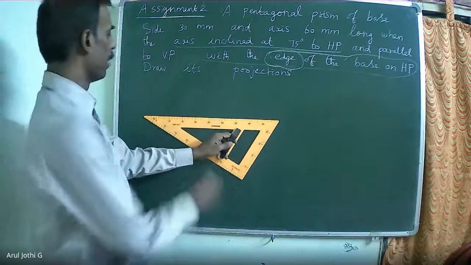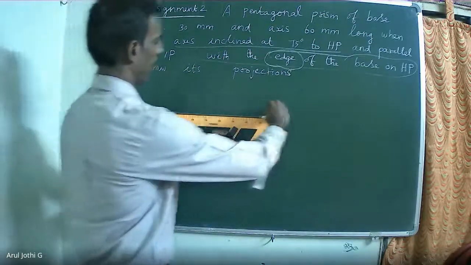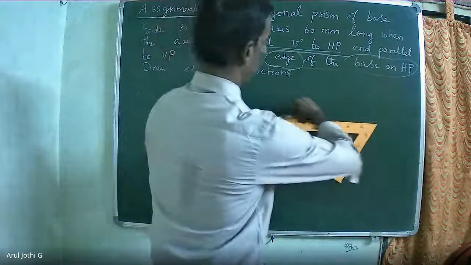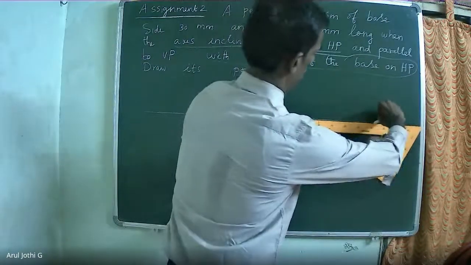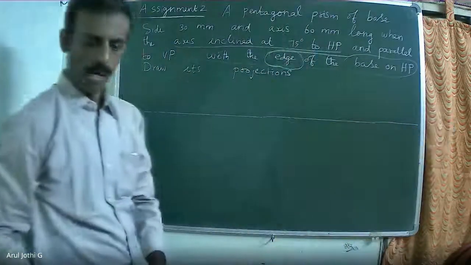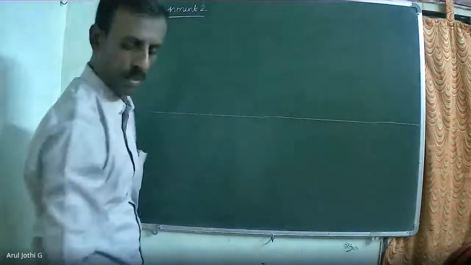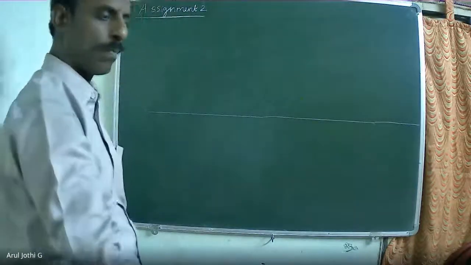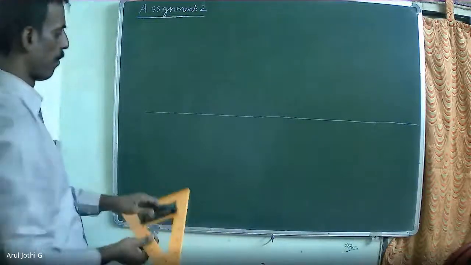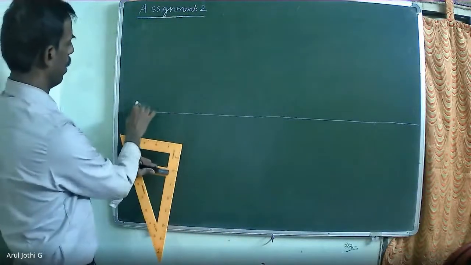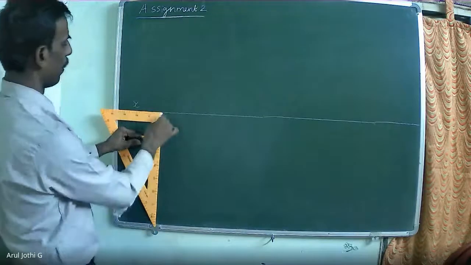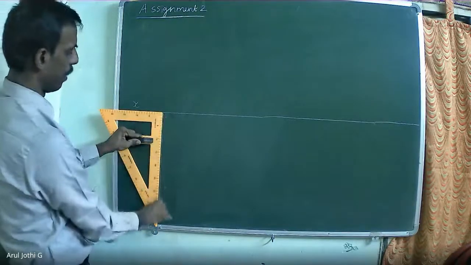Now you draw the XY line. Now draw one perpendicular line, a 90 degree perpendicular line.